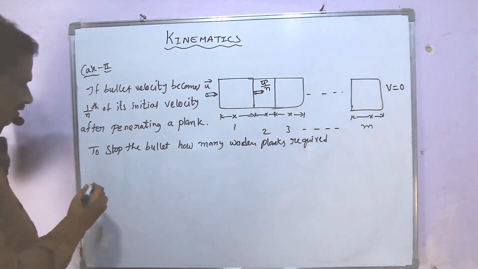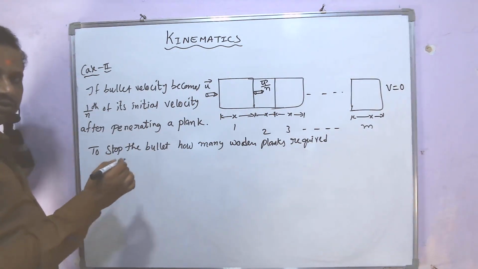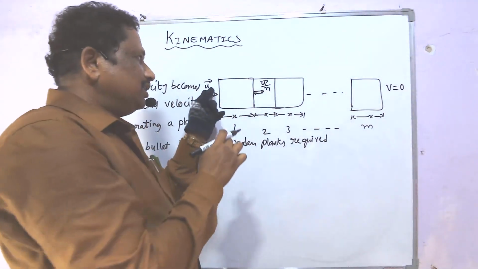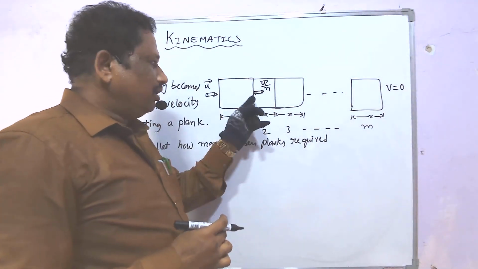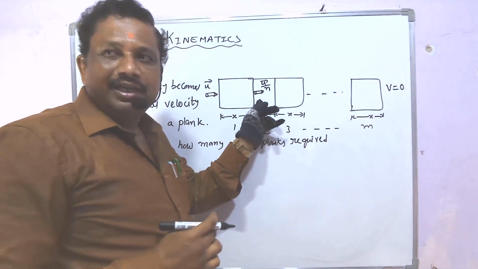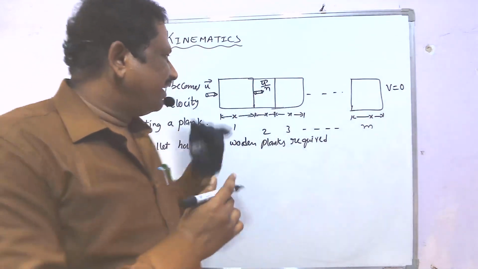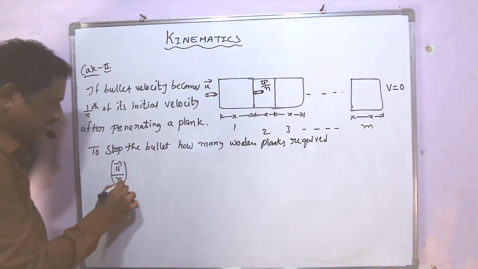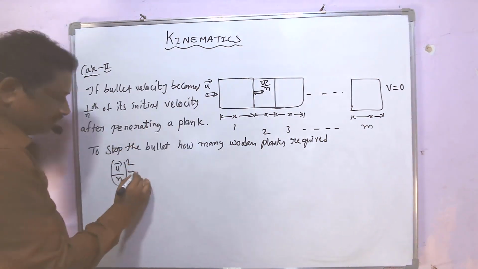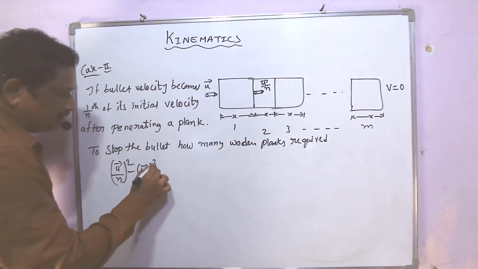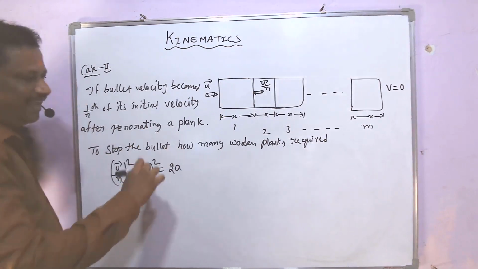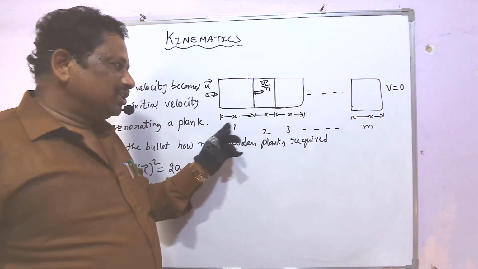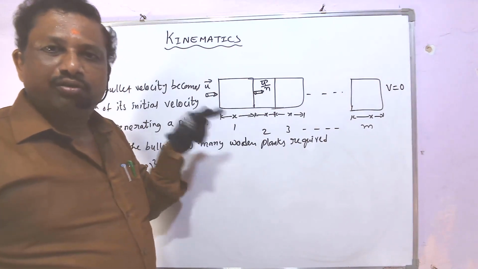So we apply the formula v square minus u square is equal to 2as. When the bullet started with initial velocity u, when it crosses the first plank, its final velocity becomes u by n. So final velocity v square minus initial velocity u square is equal to 2as. Here s means how much distance it passes through the first plank.